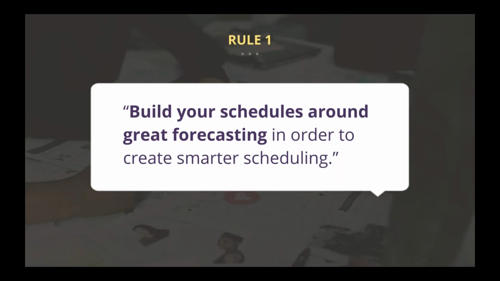The first rule, which is where it all starts: you need to build your schedules around great forecasting. This is where it all starts. You will not be able to build a smart schedule if you don't have a great forecast. This is the basics.